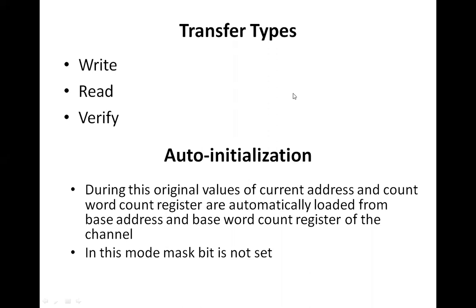Writing of the memory is done in the write transfer type by reading the input output device, and the read transfer type operation in the DMA controller is done by reading the memory and then copying the data into the input output device. So in the read transfer type, the memory read signal will be activated as well as the input output write signal.